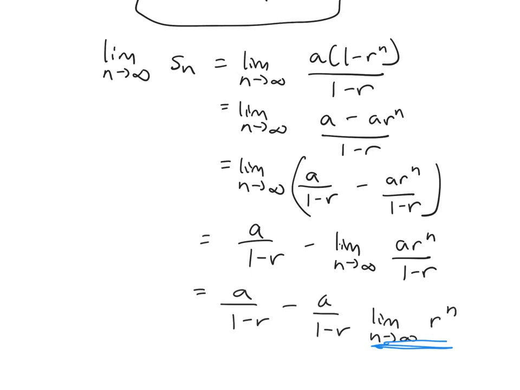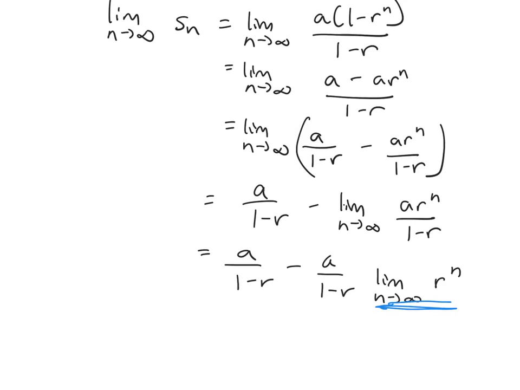Remember, there are conditions on r. If r is between -1 and 1, it converges. So I now know that if r is between -1 and 1, r to the n goes to 0 as n goes to infinity.